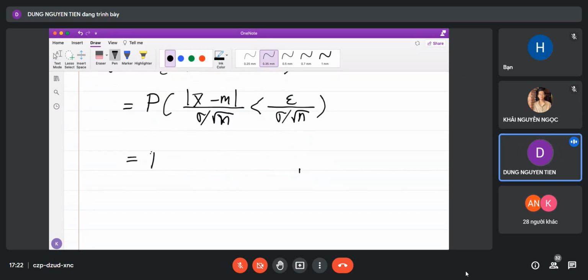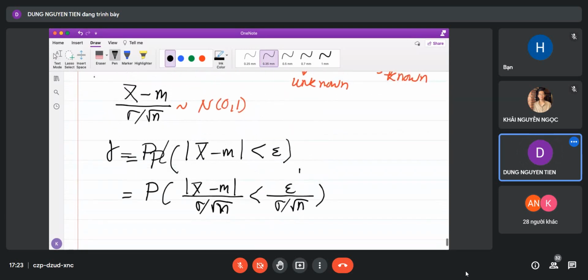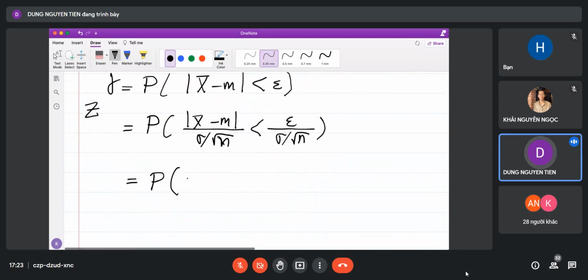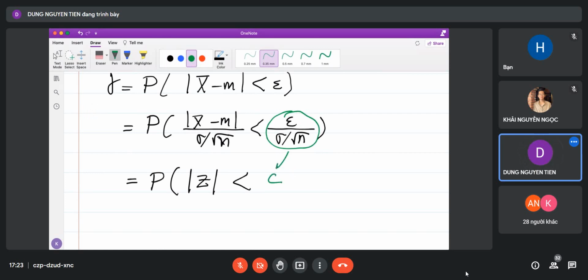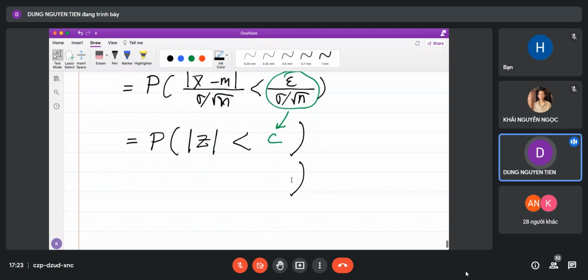And it is the probability that the absolute value of Z is less than the right hand side. That is c. All right, this is gamma again.